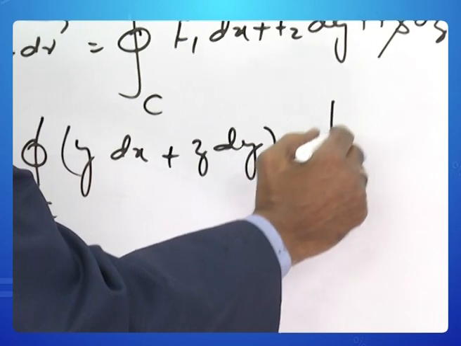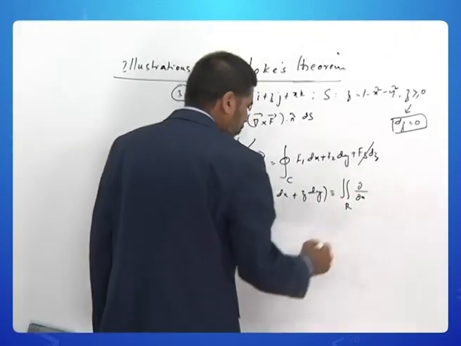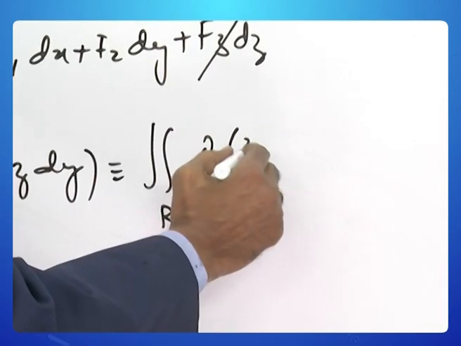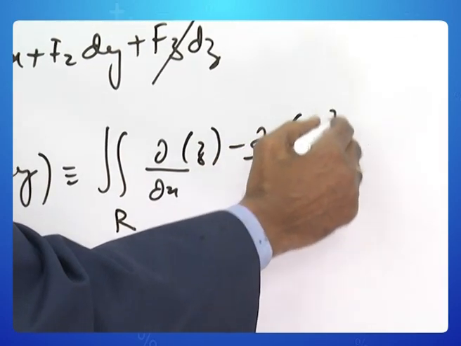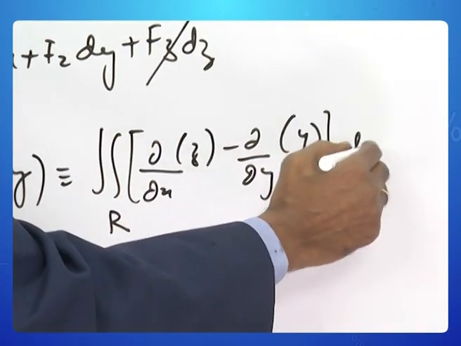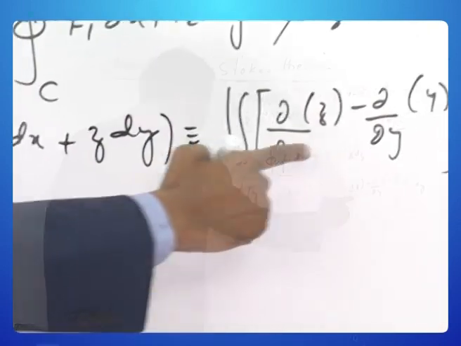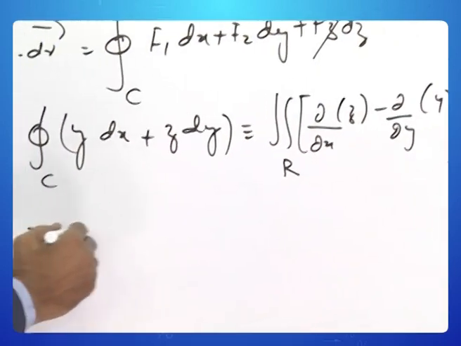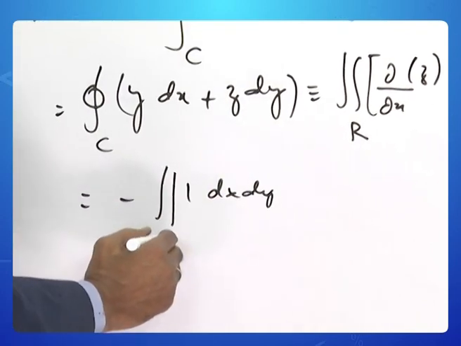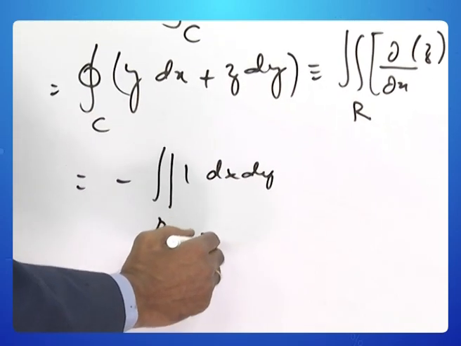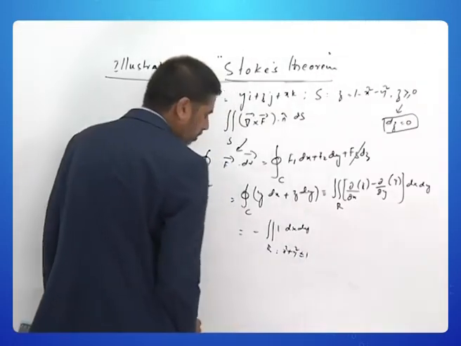This is identically equal to double integral over r of dou by dou x of z minus dou by dou y of y. This is by Green's theorem. So this would be 0, that would be minus 1. So minus double integral 1 dx dy over r, where the region is x square plus y square less than or equal to 1.